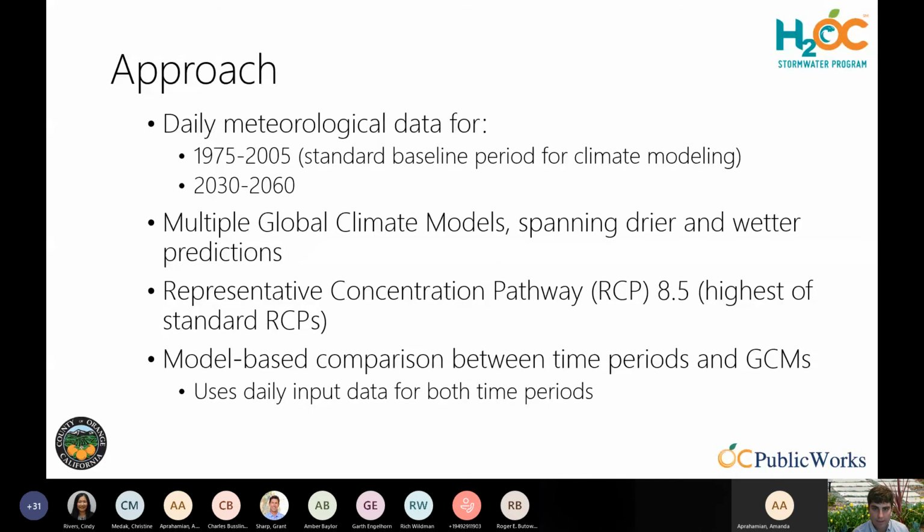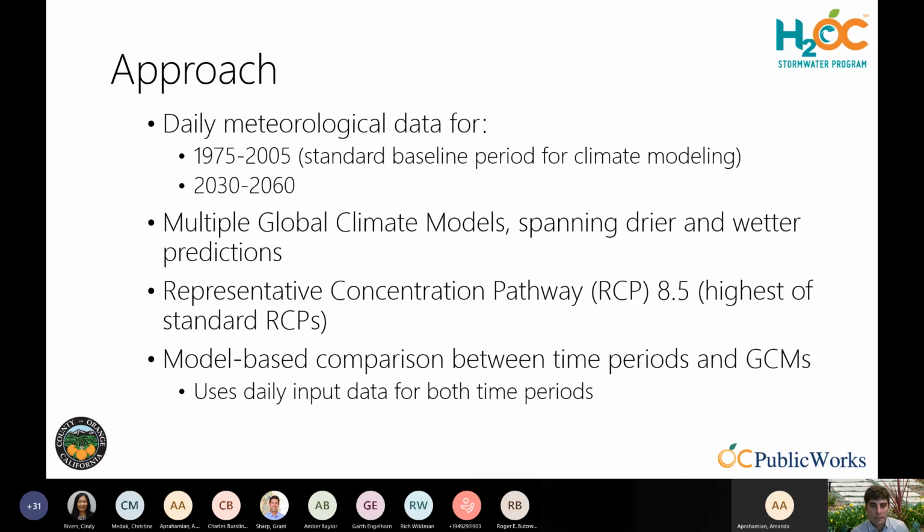We only have daily data for climate in the history as well as in the future. While we prefer to run these things with hourly data to match the types of storm intensities that generate runoff, in this case we had to run the model at daily resolution and use it as a comparison. We did it for the historic, the present, and the future, so we can still look at relative differences here.